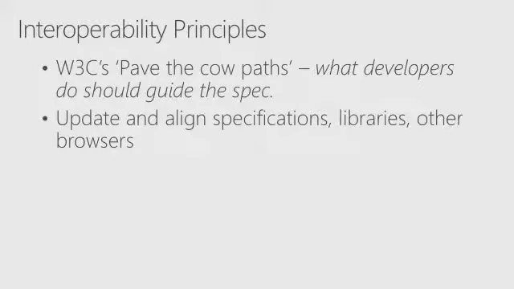So what we decided was to be pragmatic. We will work with web standards, but sometimes we have to update or align the specification. Sometimes we will have to fix libraries out there. Sometimes we will have to provide bug feedback to other browsers, and obviously, anytime we want to work, we will fix our own browser. The way we want the web to work is it should just work.